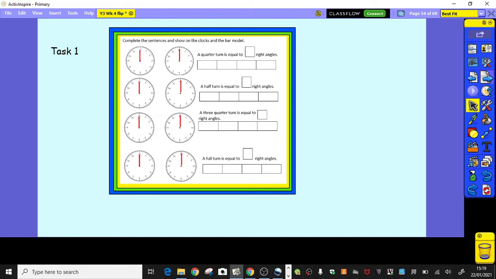So you need to draw a quarter turn on the second clock and write in how many right angles that is. And you've got 4 sentences there to write in, and I'd also like you to shade in the bar model to show the fraction of the turn that each right angle, each turn is equal to.